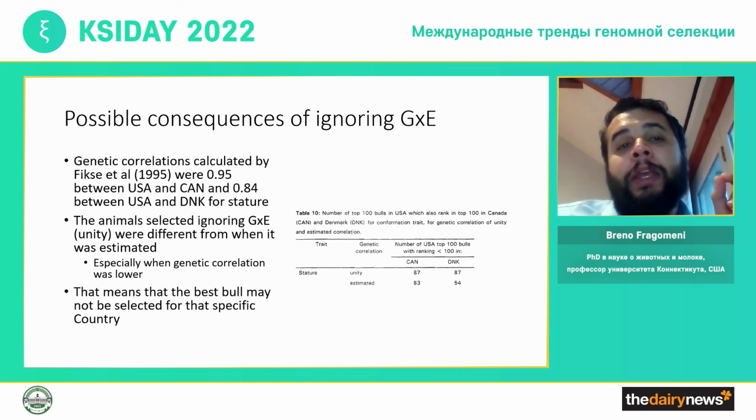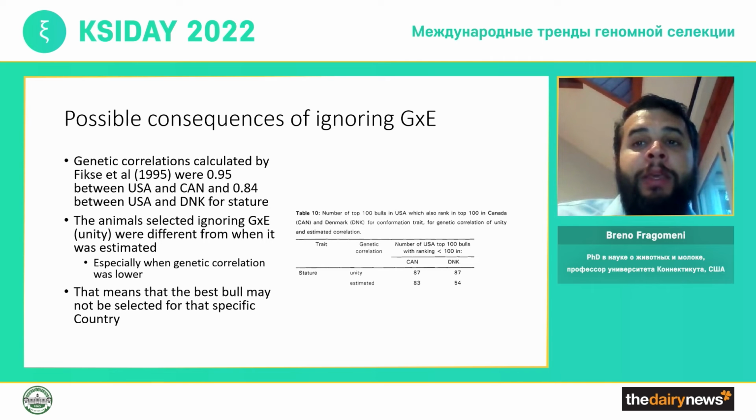And what they did here, they compared the amount of animals selected in common on the top 100 sires, and they checked what happened. How many of the top 100 animals were the same in each one of the countries when they considered G by E and when they ignored G by E.